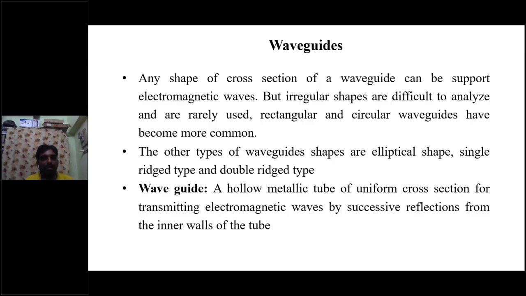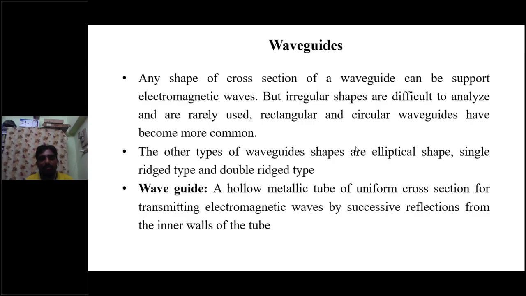You can take other shapes, which I write here: elliptical shape, single ridge type, double ridge type. We already drew these in our notes in the concept of types of waveguides. The problem with these shapes is that you can transmit the electromagnetic wave without trouble, but the analysis is the issue. Whether we use an antenna, a waveguide, radar, or a satellite, analysis is very important.